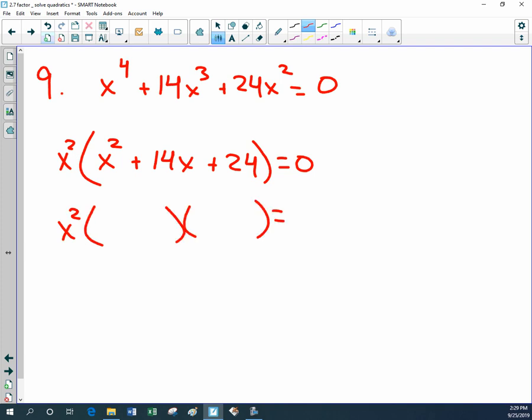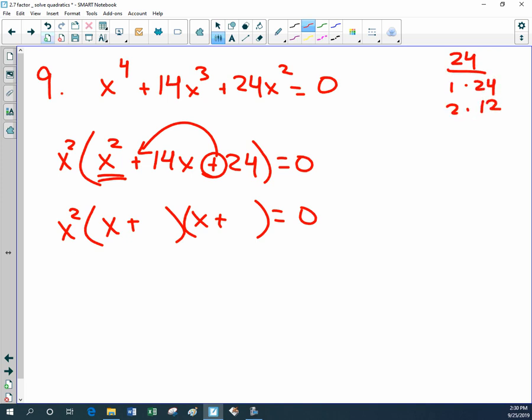Now factor what's inside the parentheses. So factors of x squared: x and x. Both signs are positive. Factors of 24, we would have 1 and 24, 2 and 12, 3 and 8, 4 and 6.